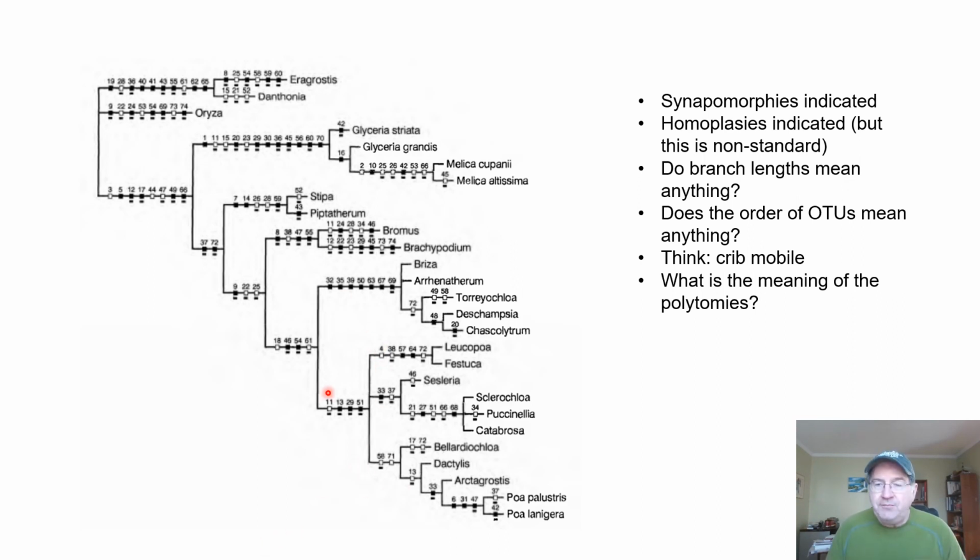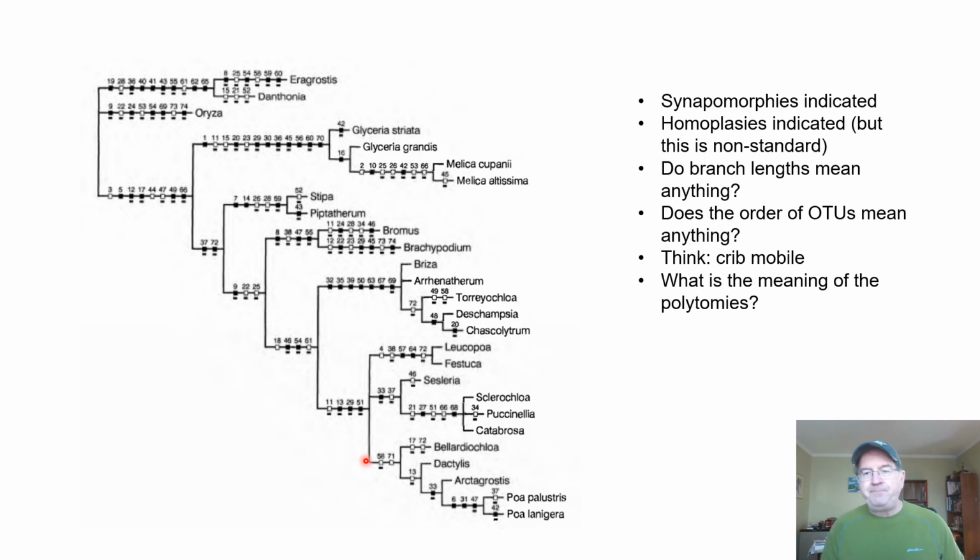This may also reflect that the underlying data conflict with one another, and I can't choose amongst them. Maybe there's one synapomorphy uniting this one and this one, one synapomorphy uniting the first and the third, and one synapomorphy uniting the second and the third. How do I choose amongst them? I can't. Therefore, I'll represent this as a tritomy, or a polytomy in this case.